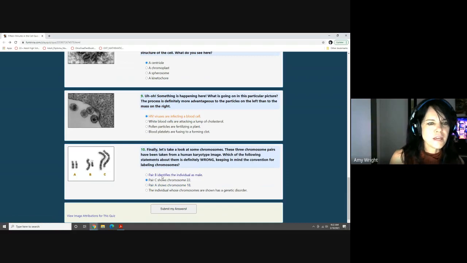So pair B identifies the individual as a male. Yes. Pair C shows chromosome 22. Well, I knew that your sex chromosome is not chromosome 22. So I knew that that one was wrong. Pair A shows chromosome 18. I really didn't know that, but I knew that one was wrong. The individual whose chromosomes are shown has a genetic disorder, and I can tell that.